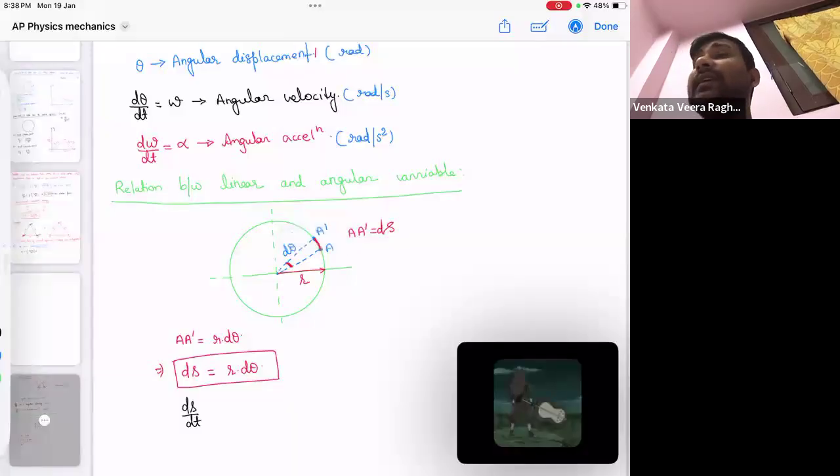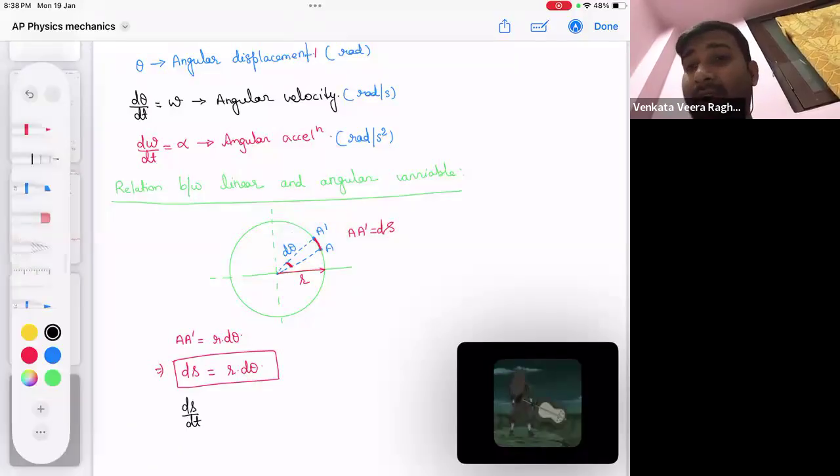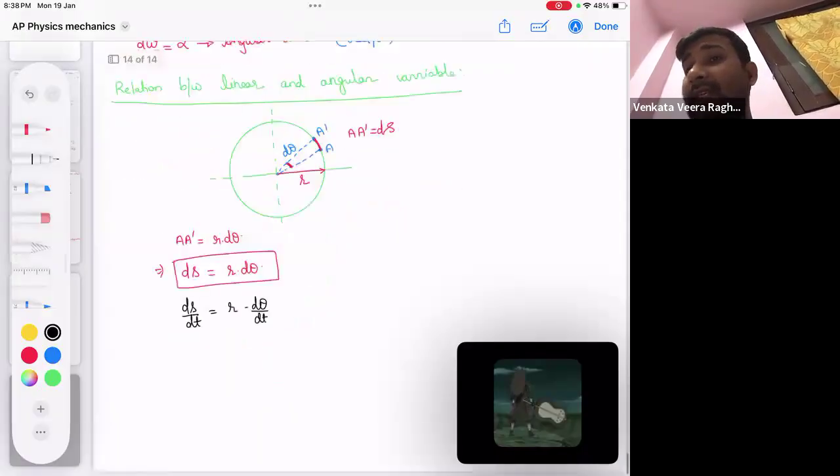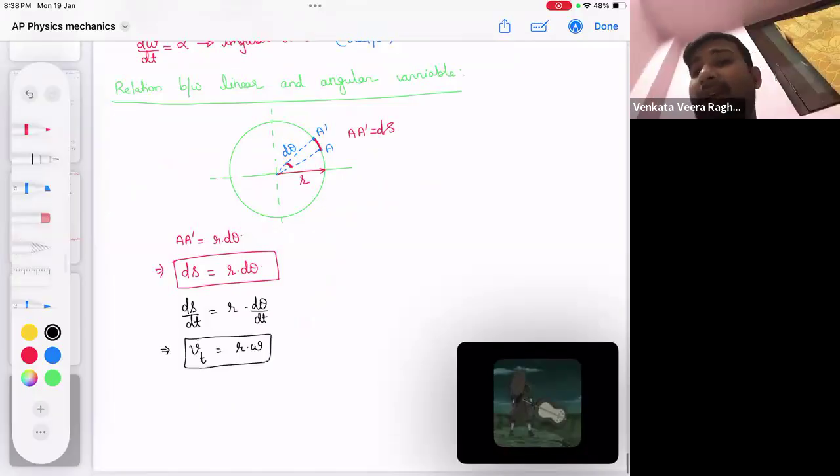Can I call this the linear velocity, or also the tangential velocity? And what is d theta by dt? d theta by dt is angular velocity. So can I say v tangential will be equal to r into omega? So tangential velocity is going to be r into omega.